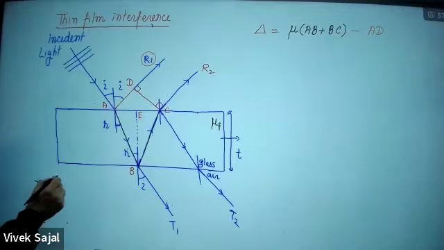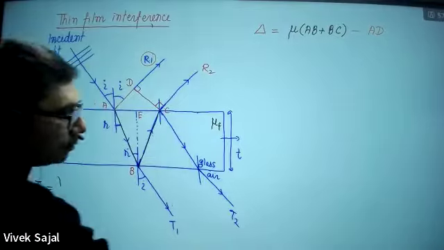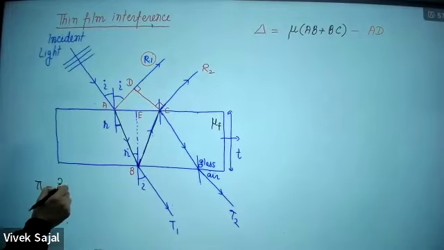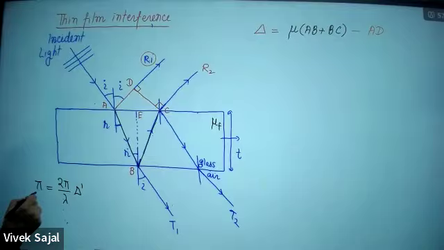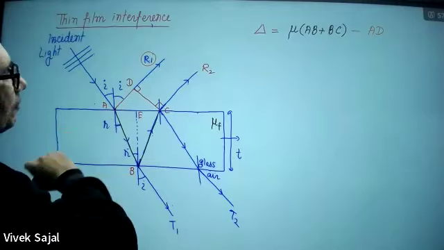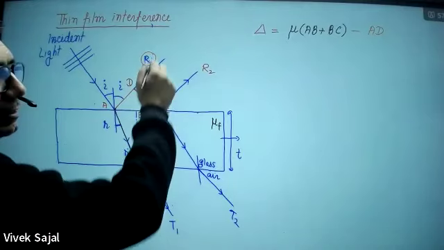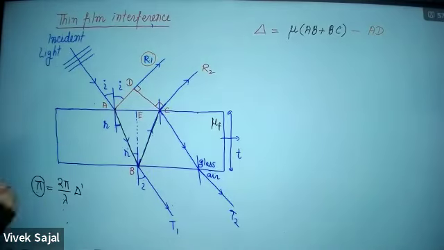If I convert this into path difference, it will be 2 pi by lambda times the path difference, and the phase difference is pi. I'm calling this path difference delta prime. So corresponding to pi, the phase difference that is introduced here due to the reflection in R1, the corresponding path difference will be, this pi is going to cancel out here, delta prime equal to lambda by 2.